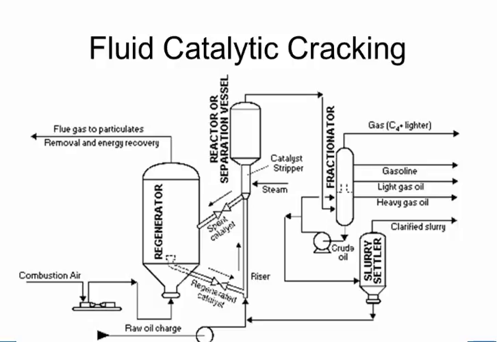But what is important in this sort of diagram, while we are talking about fluid catalytic cracking, is that you've got your raw oil coming in here. What happens to this raw oil? This is your crude oil. You're now trying to break it up and get a variety of cuts. So by cracking it, what do we mean by cracking?